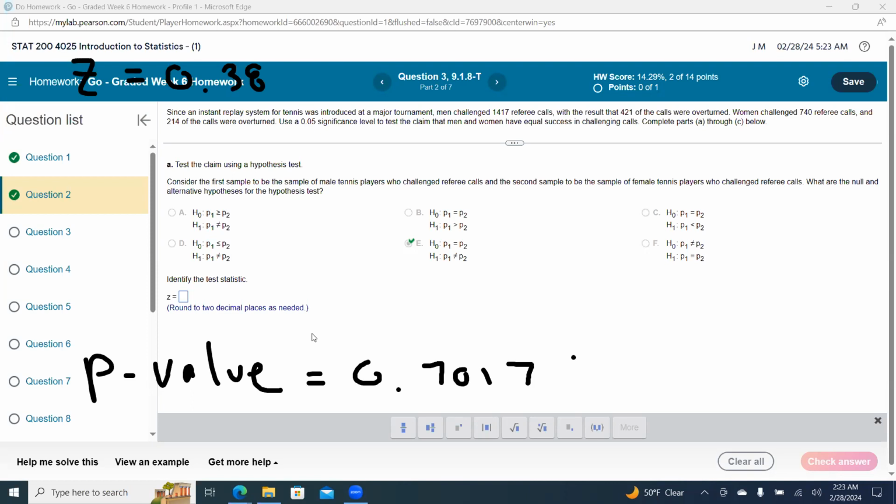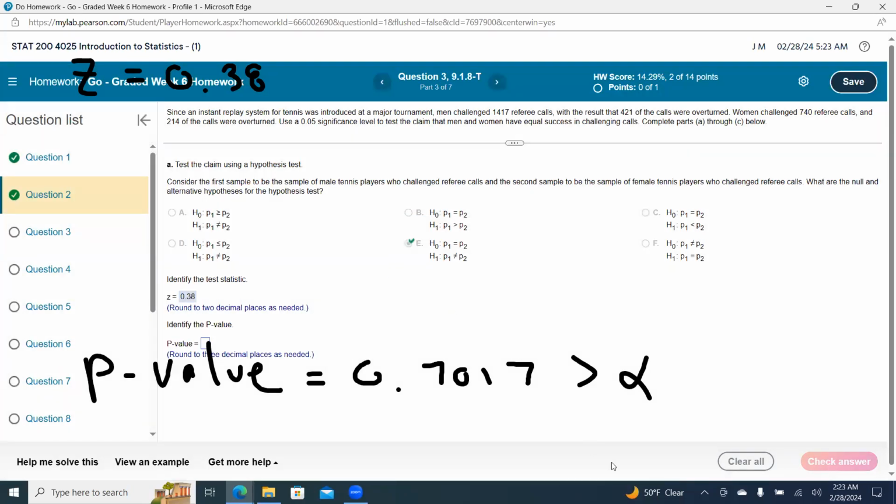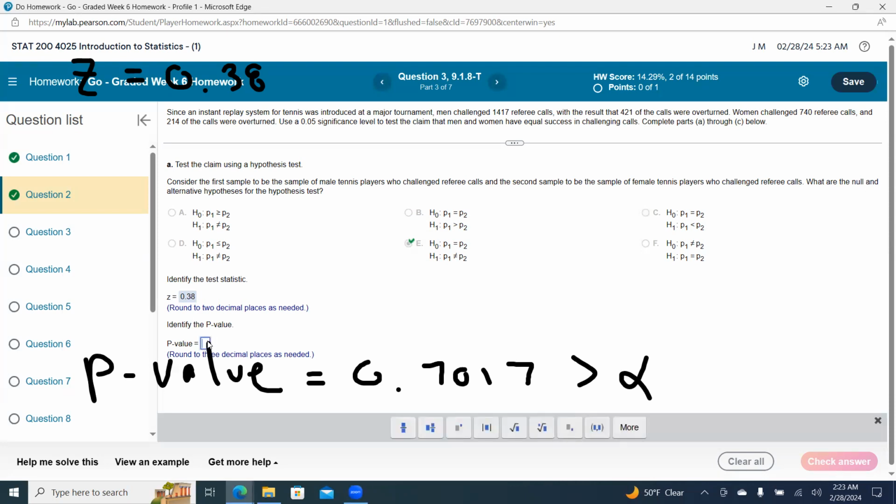So this is greater than alpha, which means don't reject the null. It's greater than alpha equals 0.05. Three decimal places is fine, 0.702.